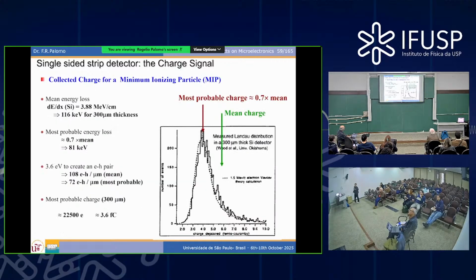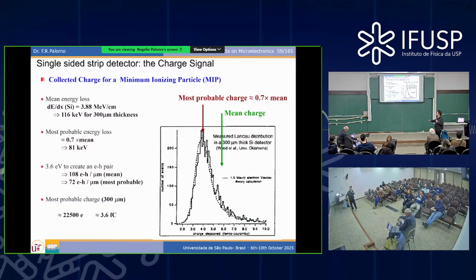So this is the collected charge for a minimum ionizing particle. Remember, I started the presentation calculating the LET. The LET from the software is the mean linear energy transfer. But you have to consider Landau fluctuations, because at the end, we're speaking about a quantum phenomenon.